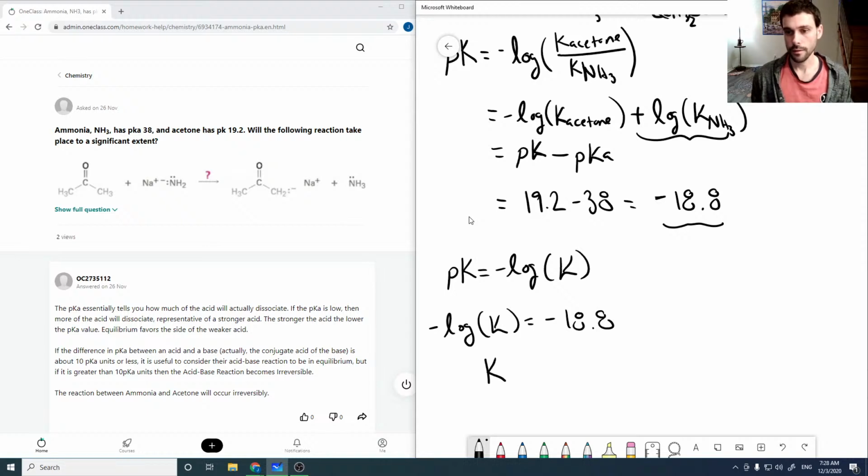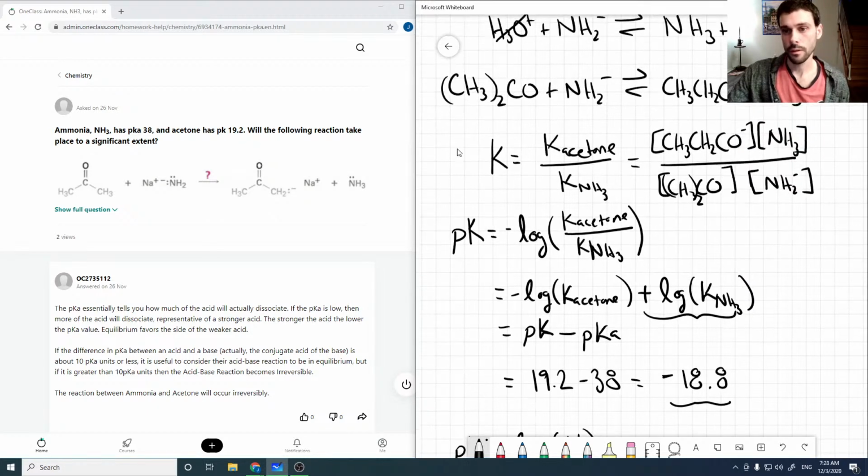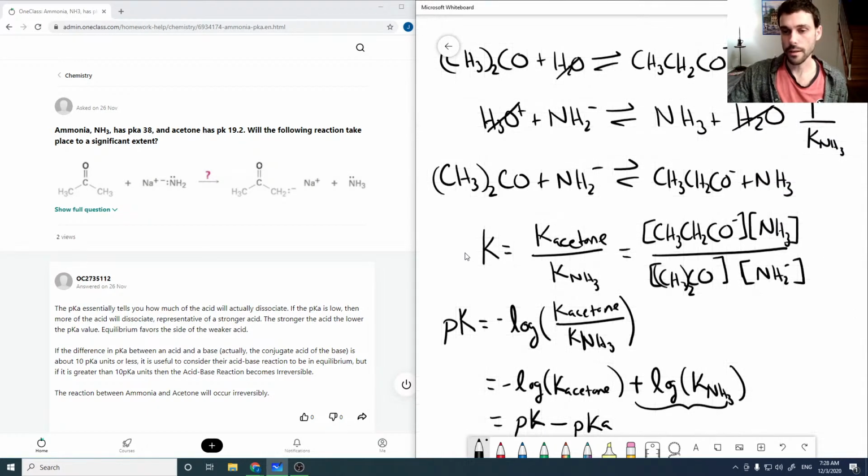So our K, canceling the negatives on both sides, is 10 to the power of 18.8. So that's going to be a huge number. Remember, our K is the concentration of our products over the concentration of our reactants. So if it's a really huge number, that means our products are dominating. And so that means, yes, this does go towards products, and it goes towards products quite heavily.